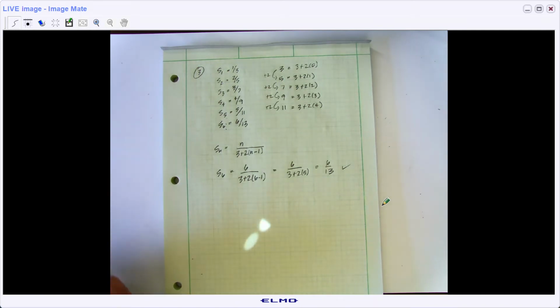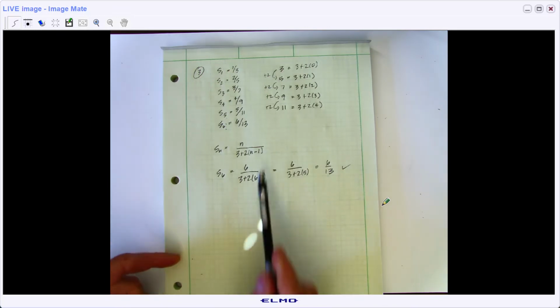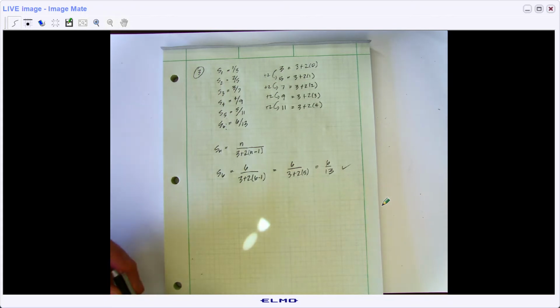So this is our basic introduction to what sequence work is like. Oftentimes you're given a numeric sequence, and what we're trying to do is generalize it. The way that we generalize is we try to find an expression for S sub n, where S sub n is the nth term in the sequence.